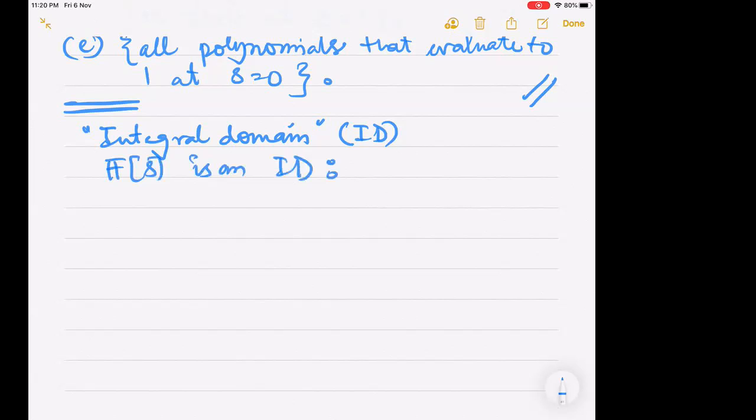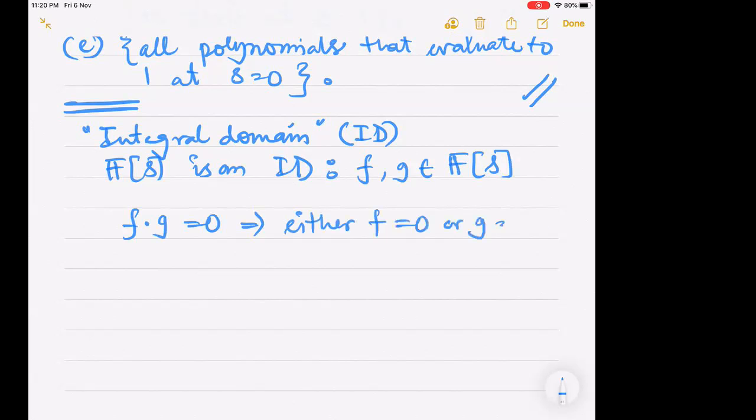This means that I take arbitrary f and g. Suppose f product g is equal to 0, then this implies either f is equal to 0 or g is equal to 0. I mean, two non-zero polynomials' product cannot be the 0 polynomial, right? If a ring satisfies this property, it's called an integral domain. So Fs, of course, is such an integral domain.